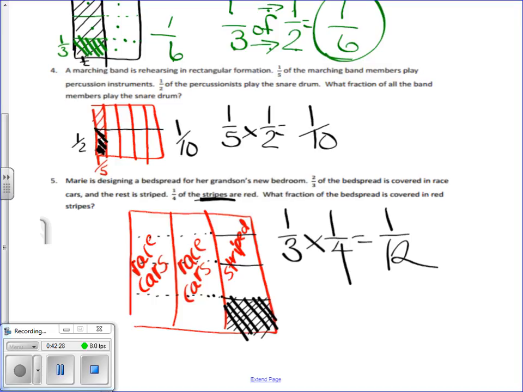Didn't Zach get 2/12? He did 2/3 times 1/4, and he got 2/12.